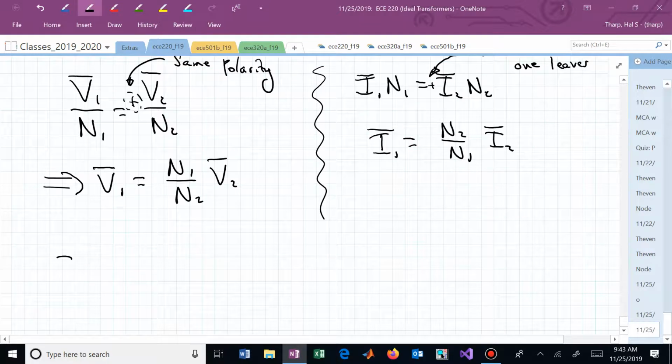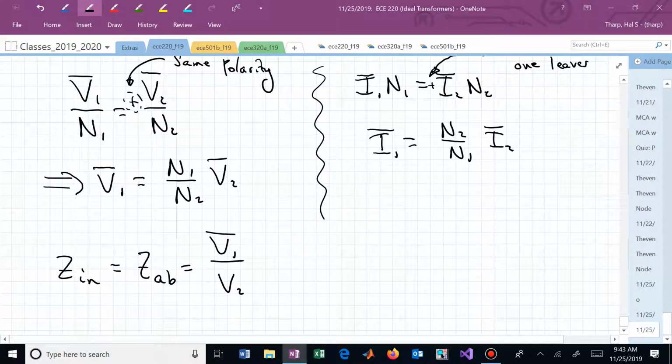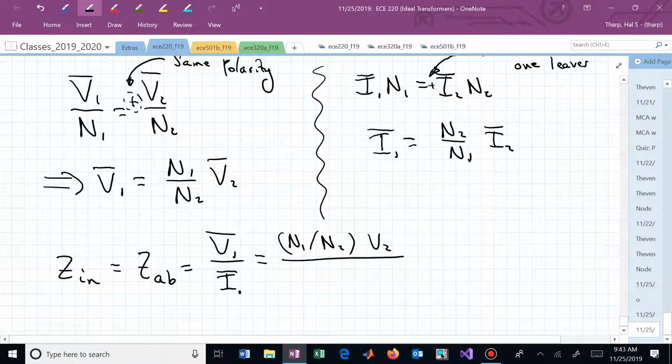And Zn, which is Z sub AB, is now V1 over I1. But V1, now we have an expression for that. That's N1 over N2, V2.